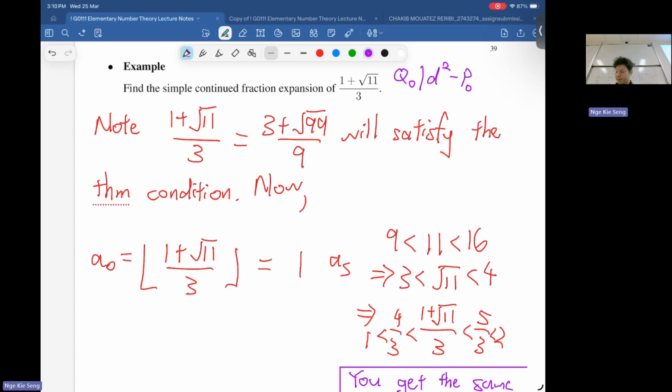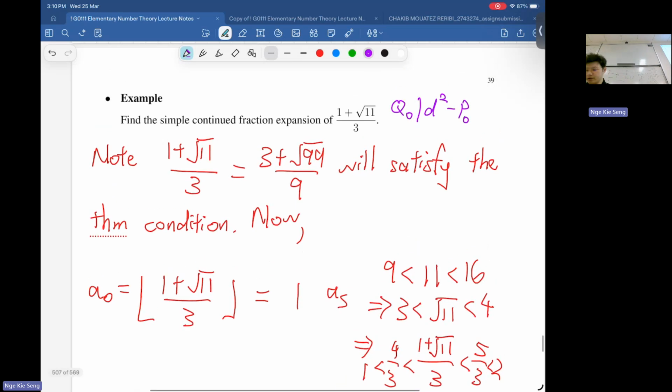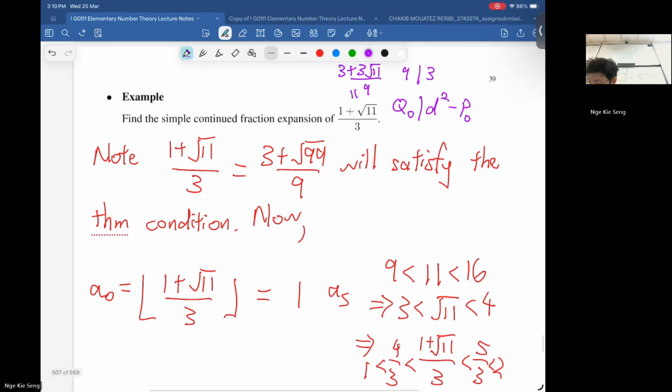Yeah, okay. But then we realize that there's a trick we can play here, right? We could transform this to 3 plus 3 square root 11 over 9 so that 9 will divide 3 times 11 minus 3. Is it?